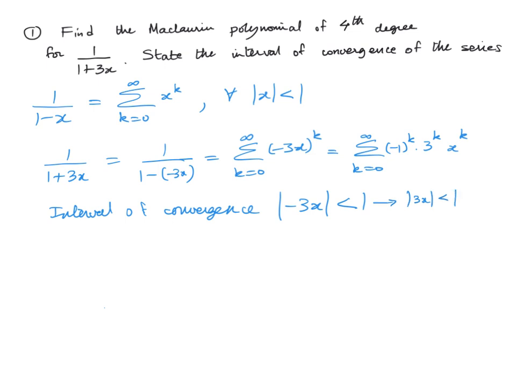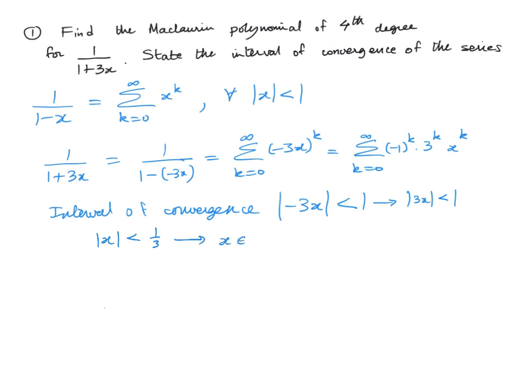What I want is to talk about what x is doing, so I'm going to divide both sides by 3, and again, absolute value of 3 and 3 are the same thing, so that doesn't change anything. So really what I'm saying is absolute value of x is less than 1/3. And now I can change that into an inequality, or I can do it with bracket notation. Let's do it with bracket notation.